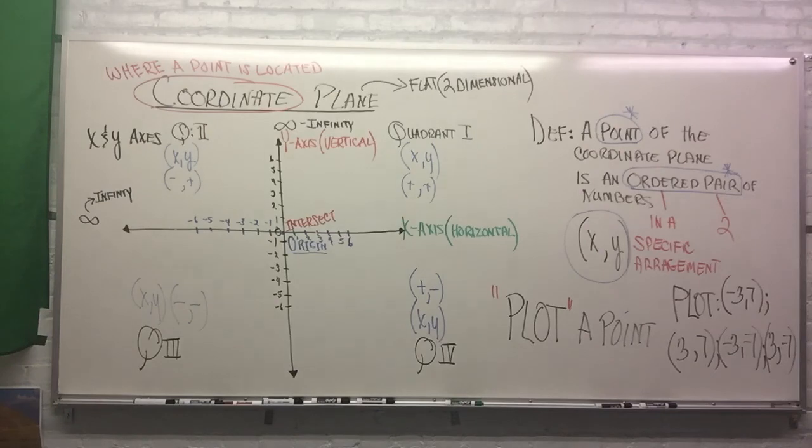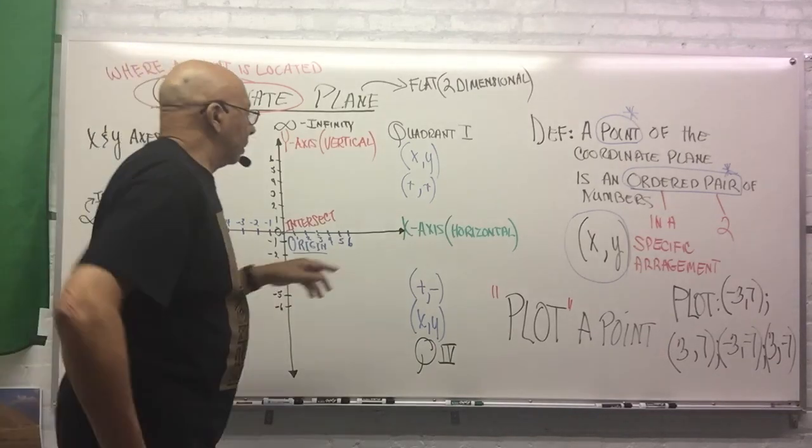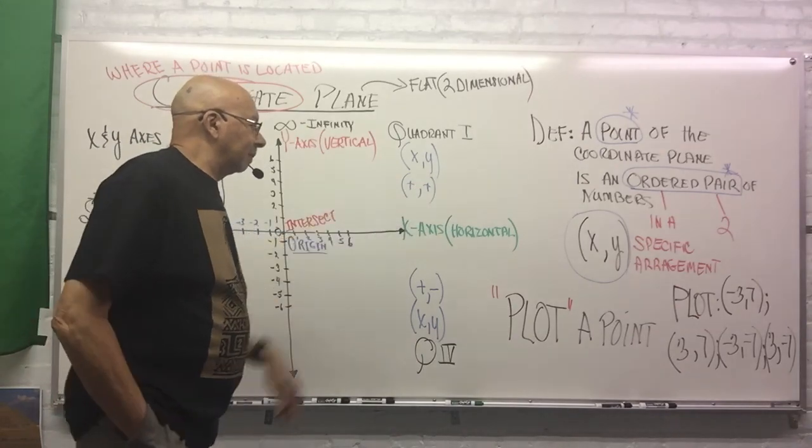So if you had a cluster of points to plot, and the question was, what quadrant is the point in? You don't have to actually plot the point to determine where it is. If you understand what I just said, every point that's plus plus is in 1.